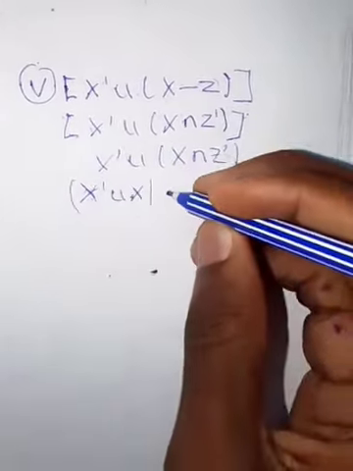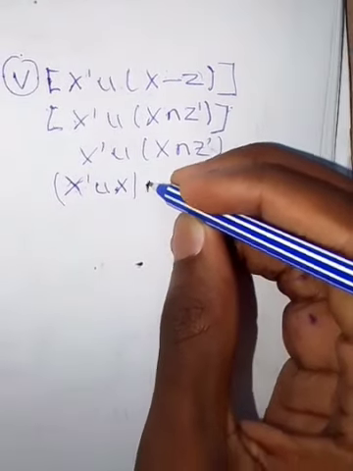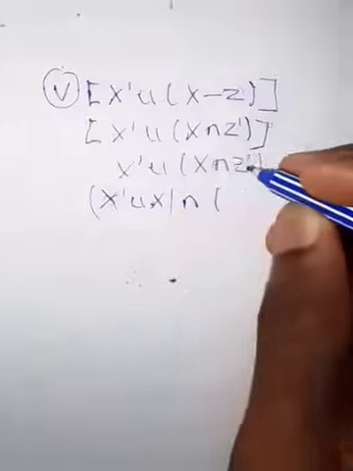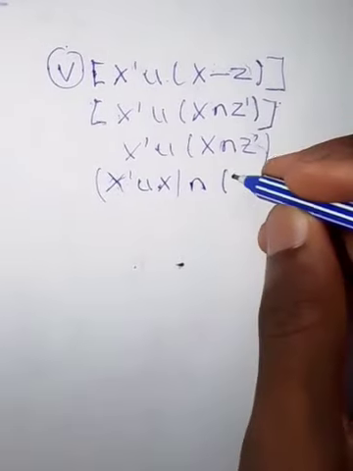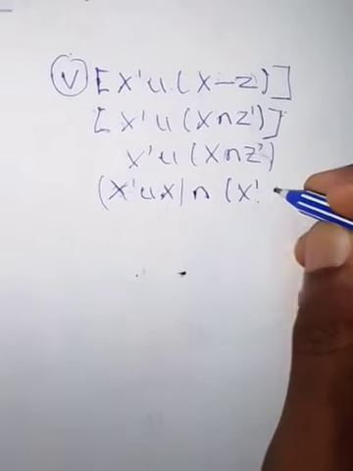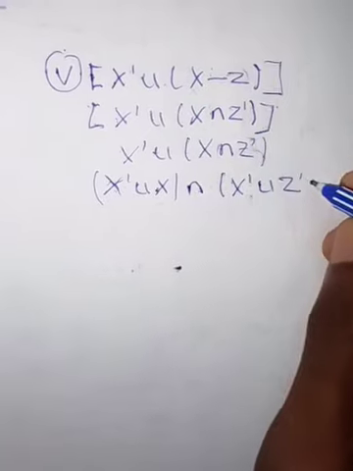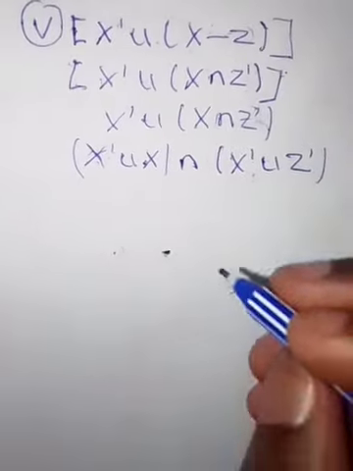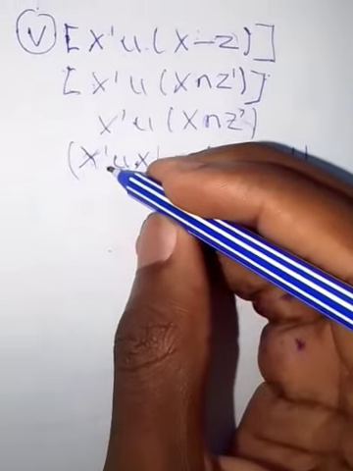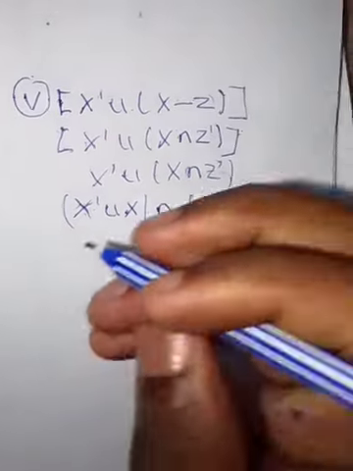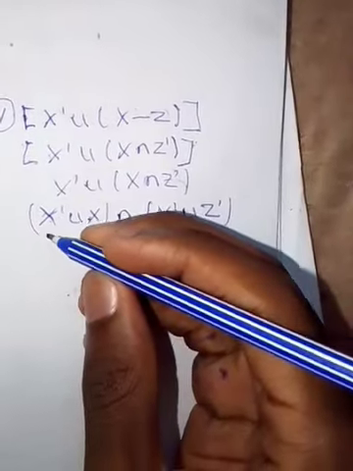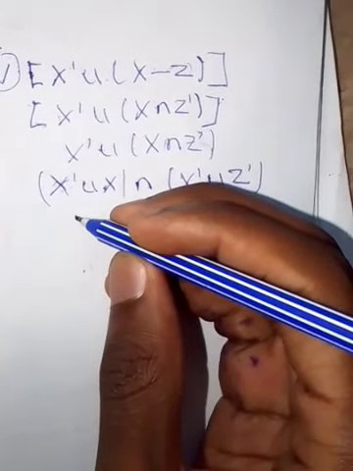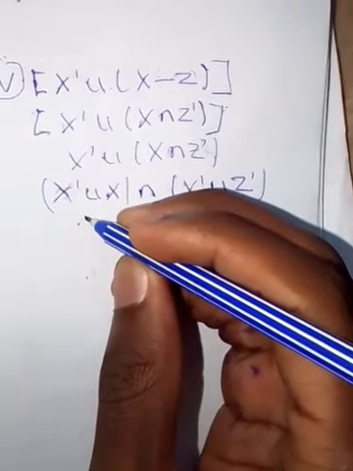Okay, so now the x complement union x intersected, we're going to get this intersected x complement union multiplied by z. We're going to have x complement union z complement. Now recall that when we unite a set with the complement of itself, we are going to get the universal set, right?